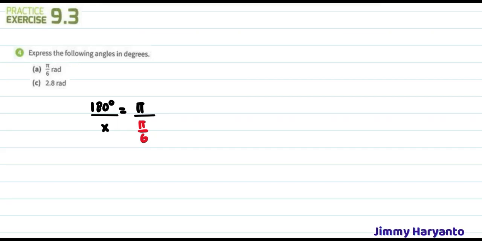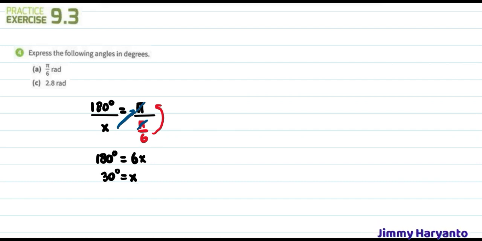And this one will be x, and then as you can see, you can cross out the pi, and then the 6 will go up. So when you cross multiply, you will have 6x right here and 180 right there. And then you divide by 6, it will become 30 equals x. So x equals 30 degrees.